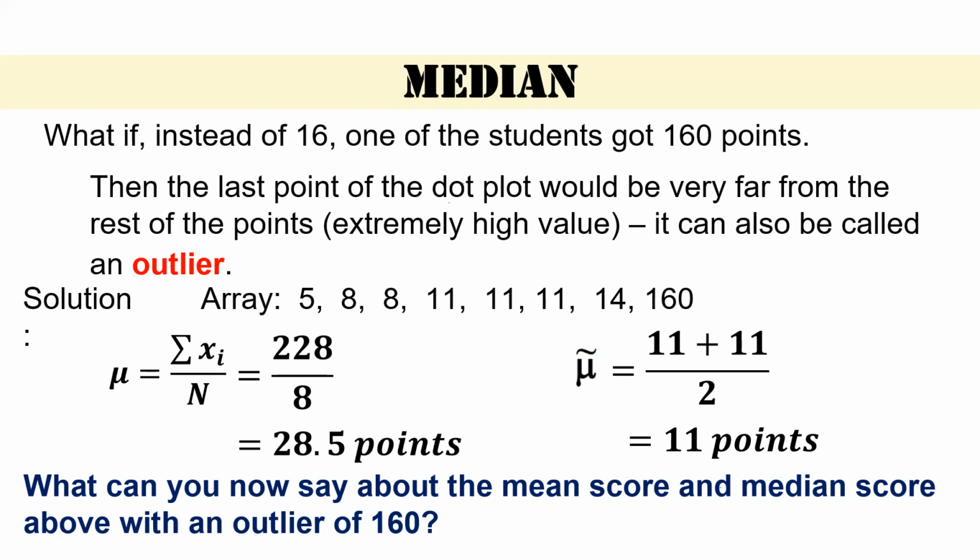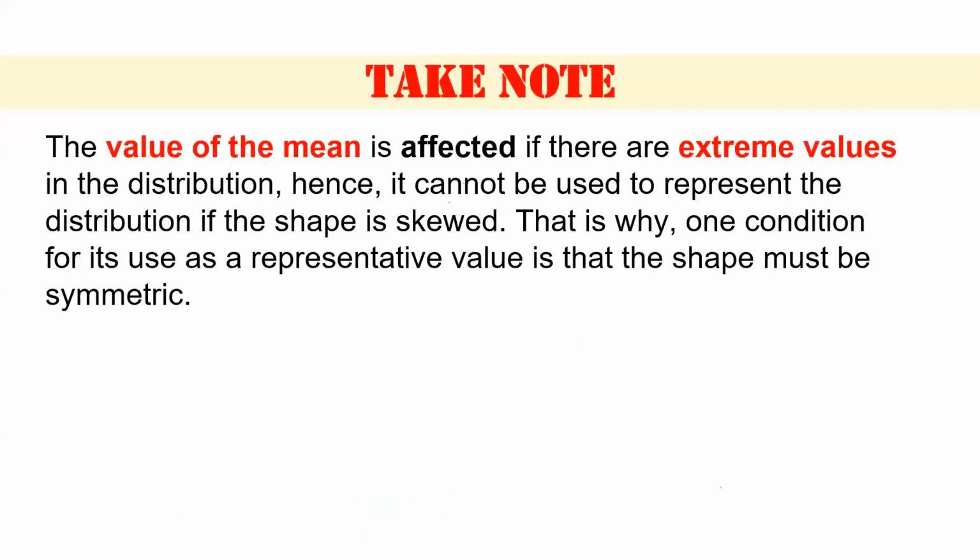It changed, right? The mean earlier was 10.5, but now it's 28.5. What have you noticed with the median? Still the same, sir. It did not change. That's why take note of this.